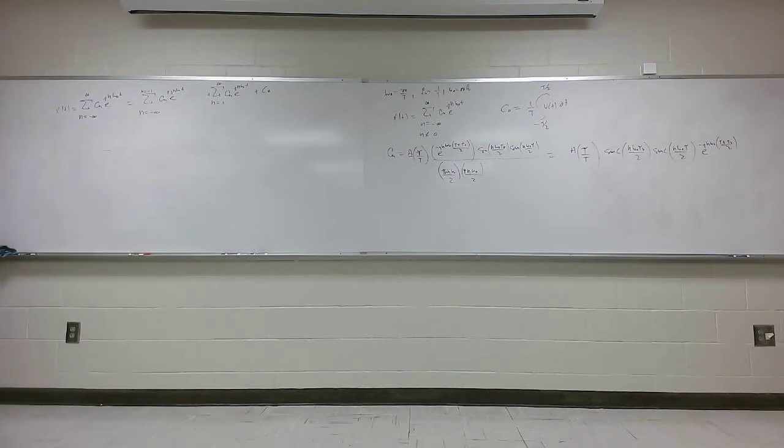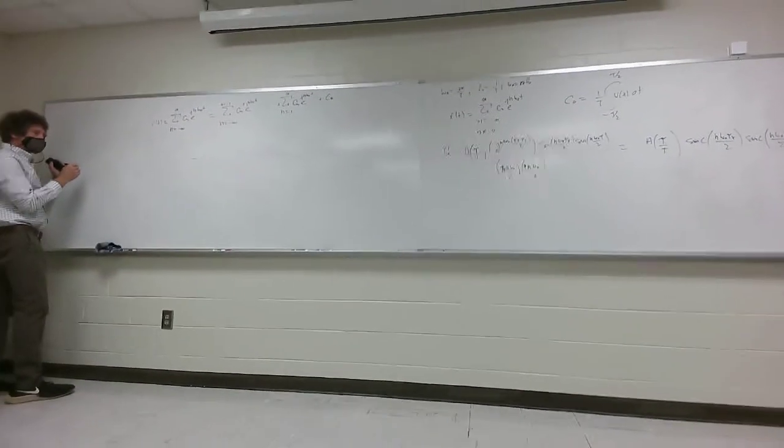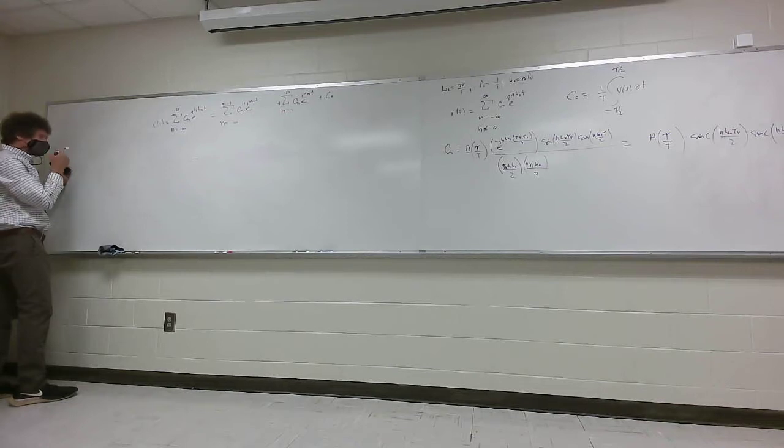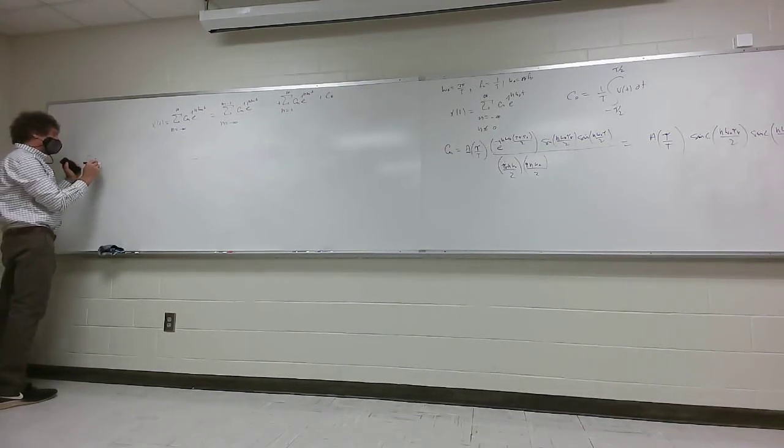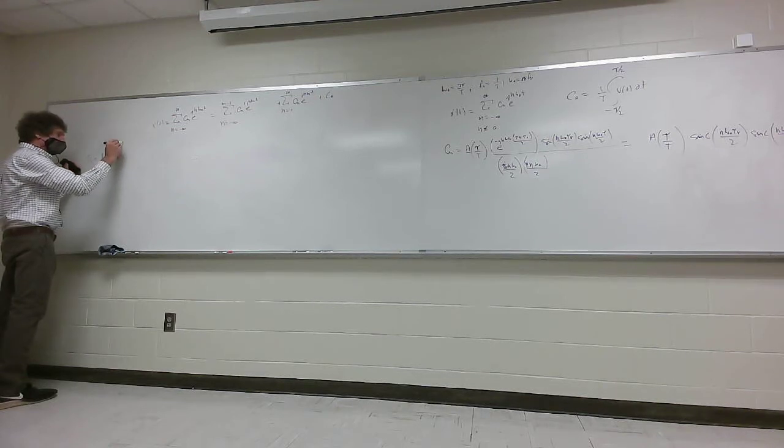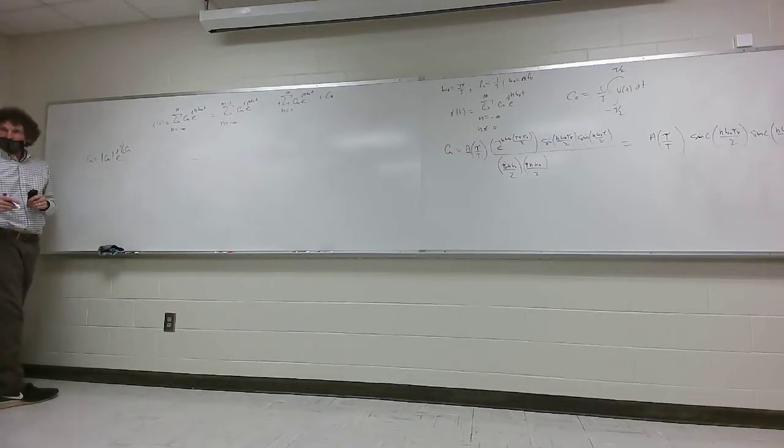If you take a look at C of n itself, C of n can be written as the magnitude of C of n times e to the j angle of C of n. Do you all agree with that, class? Magnitude and angle.